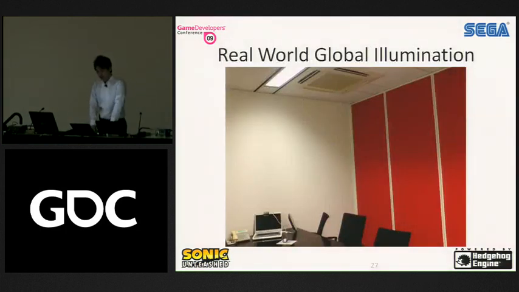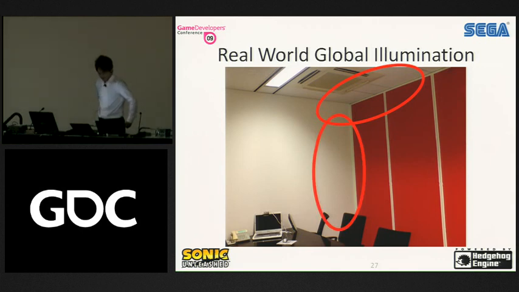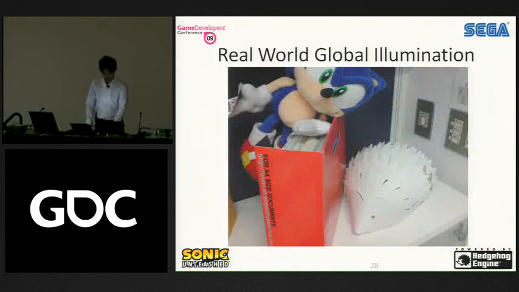Various lights are reflected. And I decided to take a look at the real world. I can show you several pictures. This is an actual picture of our office. The light from the red wall is reflected and hits the white ceiling and the white wall, as you can see. It may be difficult to see here, but the light from the red wall is reflected.